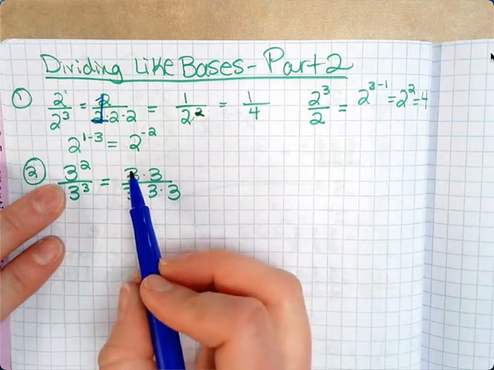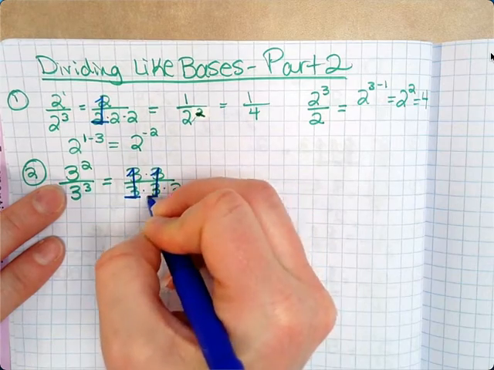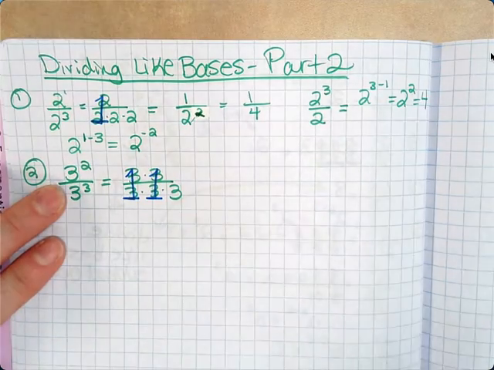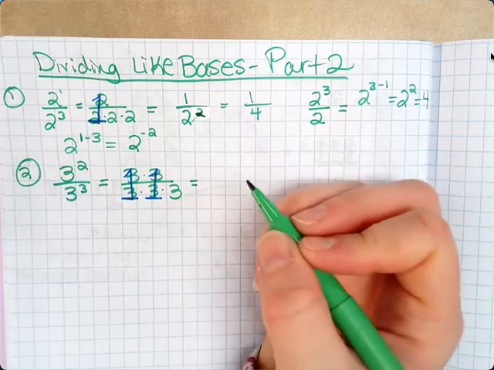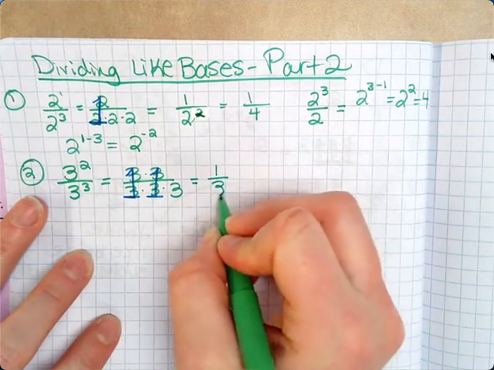So what do we do with the 3 over 3? Yep, it equals 1. So what are we left with on top? 1. Over 3. 3, yeah.